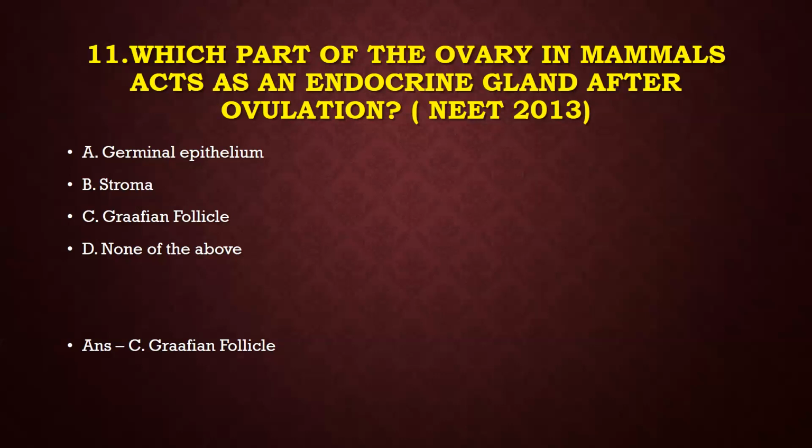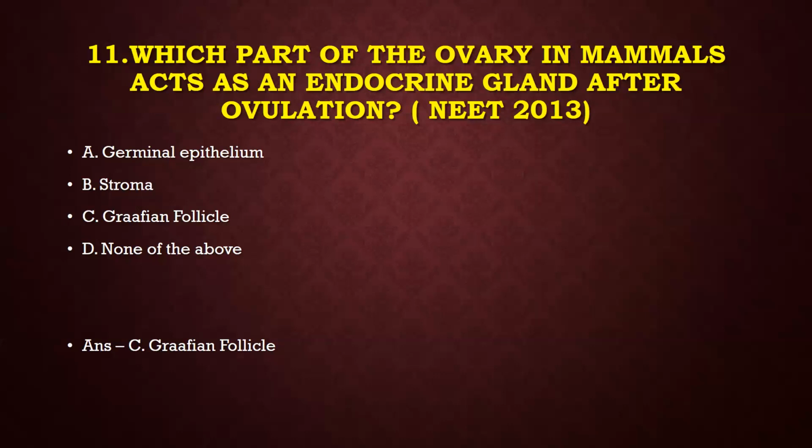the Graafian follicle, you all know it is from the Graafian follicle itself that the ovum is released in the follicular phase of the menstrual cycle. So after ovulation, the Graafian follicle matures, it ripens, means it gets maturity, and it turns into corpus luteum.